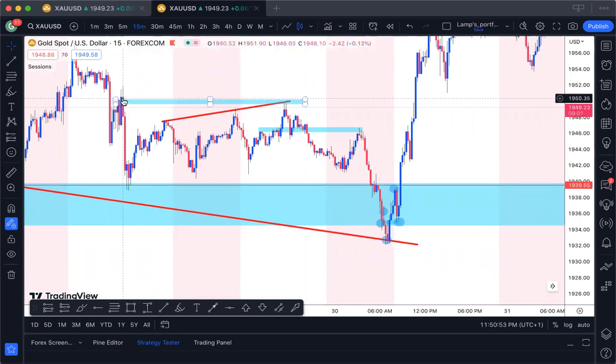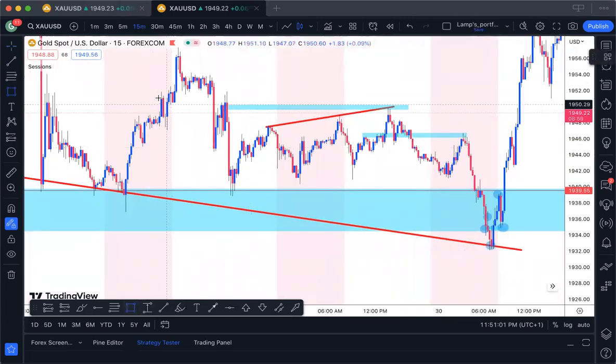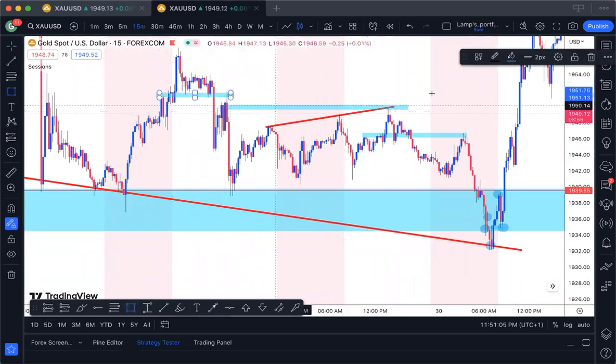And that's what I'm saying. On the 5 minutes, it's a QM setup. So it was more like a setup in setup because we are seeing a QM here. So this trend line was just a confluence for us. You understand?